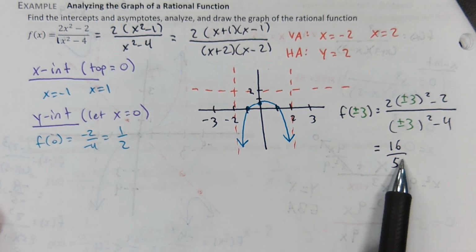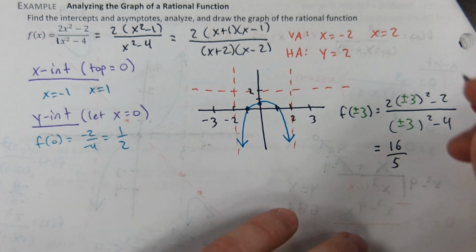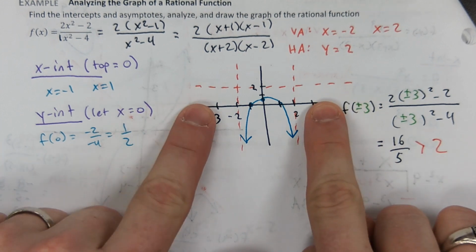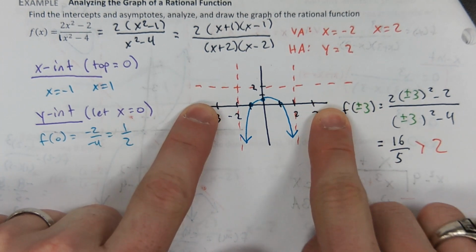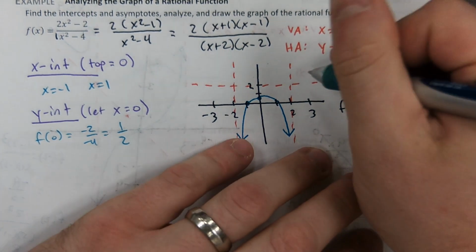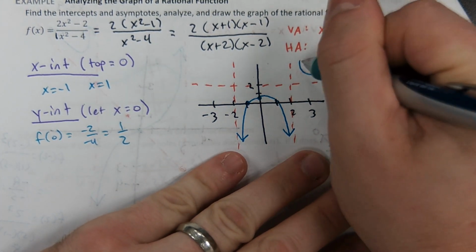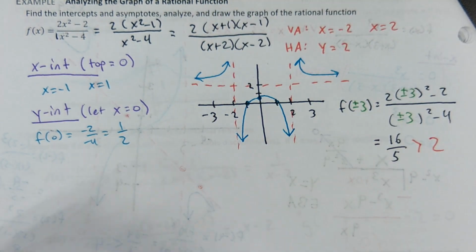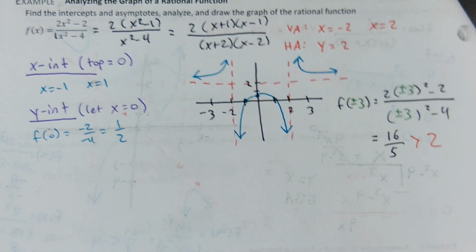Is this number bigger than 2 or less than 2? Bigger than 2. That means my curve in these candidate zones exists above the y value of 2, forcing me to have an image like this. Ta-da!